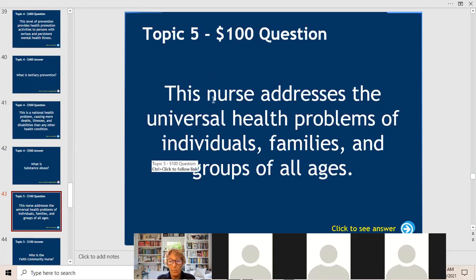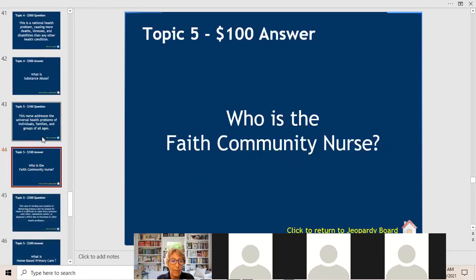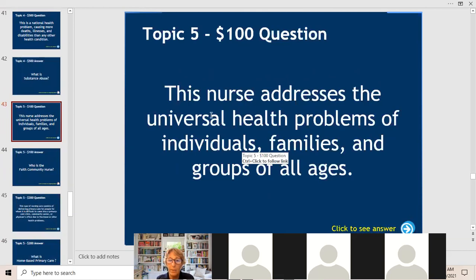This threw everybody off, and I think if you had added one word into this question, it would have been obvious, but the answer is faith community. So I think what you need to add is the nurse addresses the universal health problems, individuals, because you could say, well, all nurses do this.